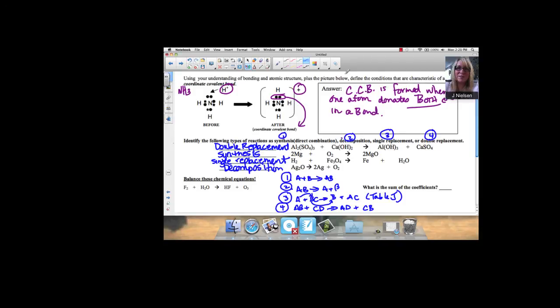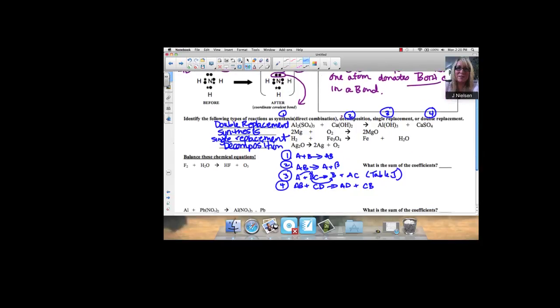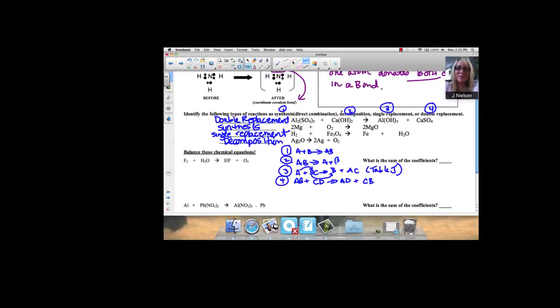Alright, they want us to balance these equations. So I have two F's on the left, one F on the right. I've got two H's on the left, one on the right. So let's see, if I put a 2 here, that gives me two H's and it gives me two F's.